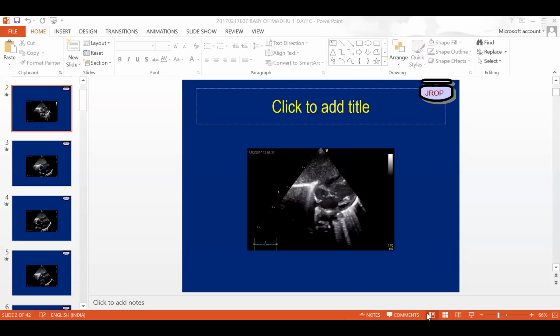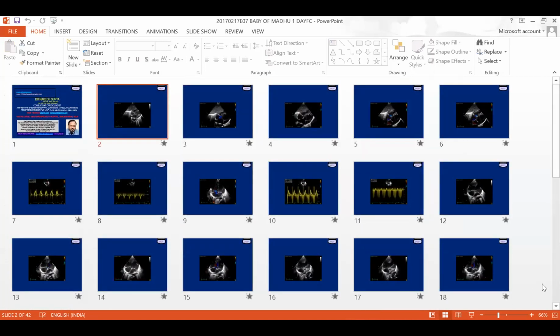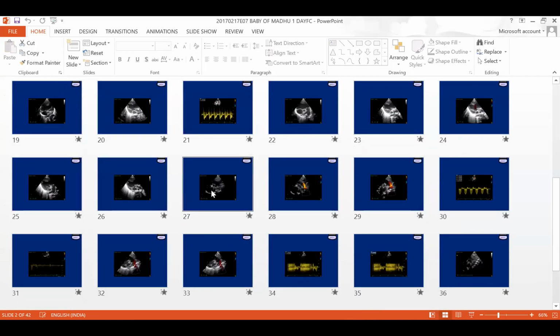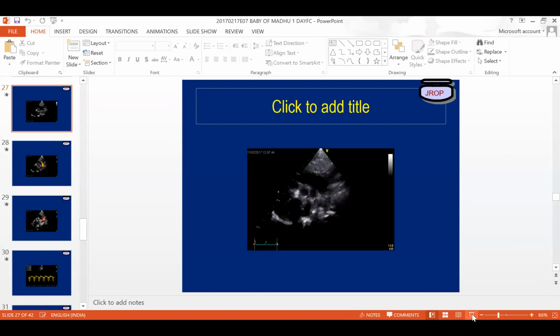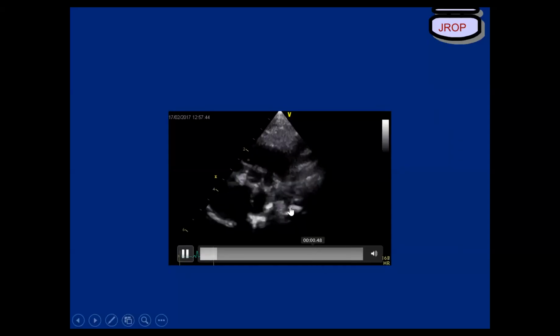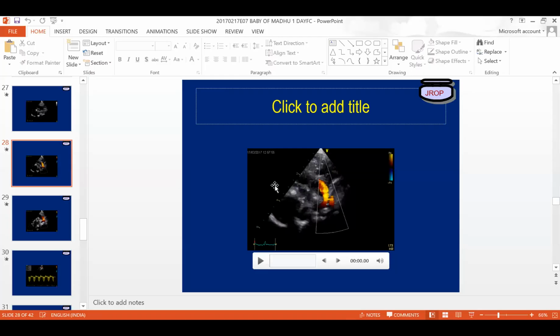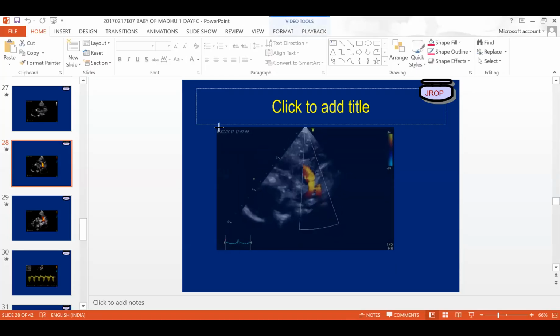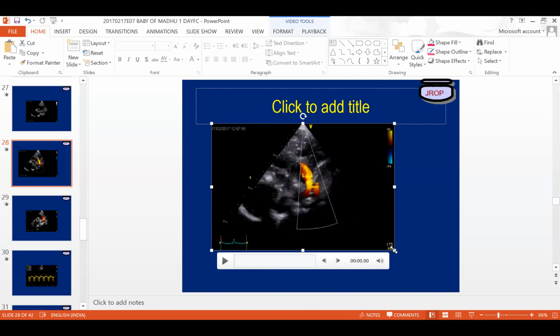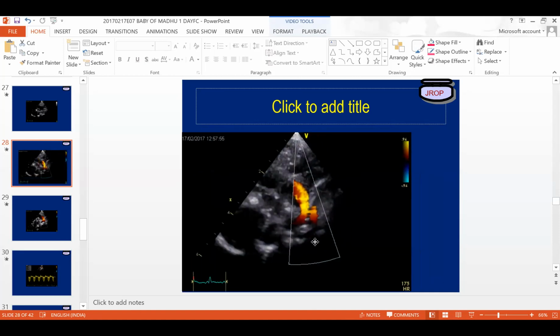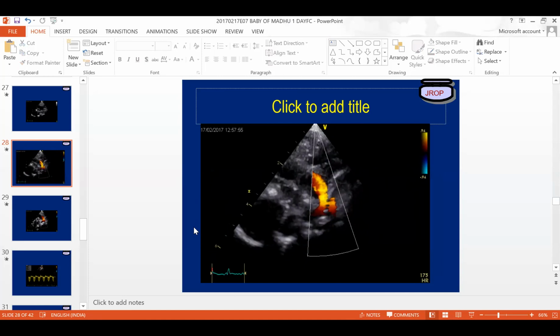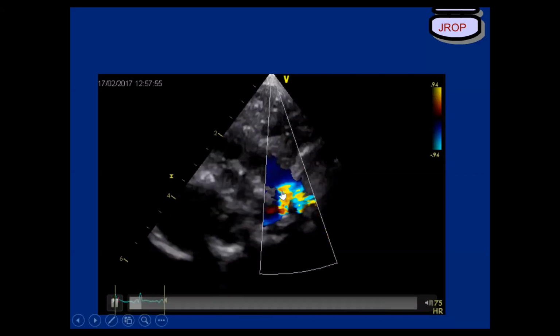All right, now you can see my slides. I'll straightaway go to the interrupted aortic arch. Now this is the descending aorta. It may look a little difficult to understand. This is the ascending arch and the descending aorta. And now look, there's no flow distal to this descending aorta. Let me just zoom up this picture for you. There's no flow distal to the descending aorta.